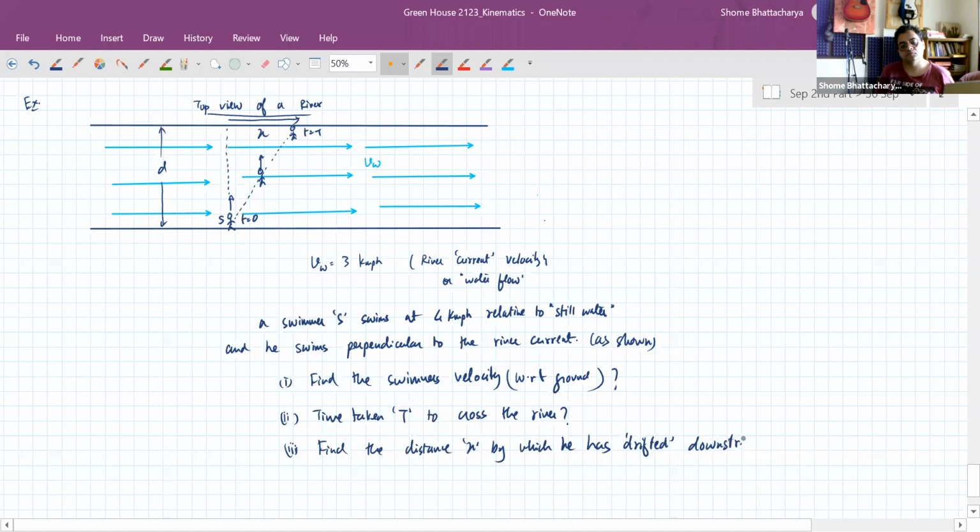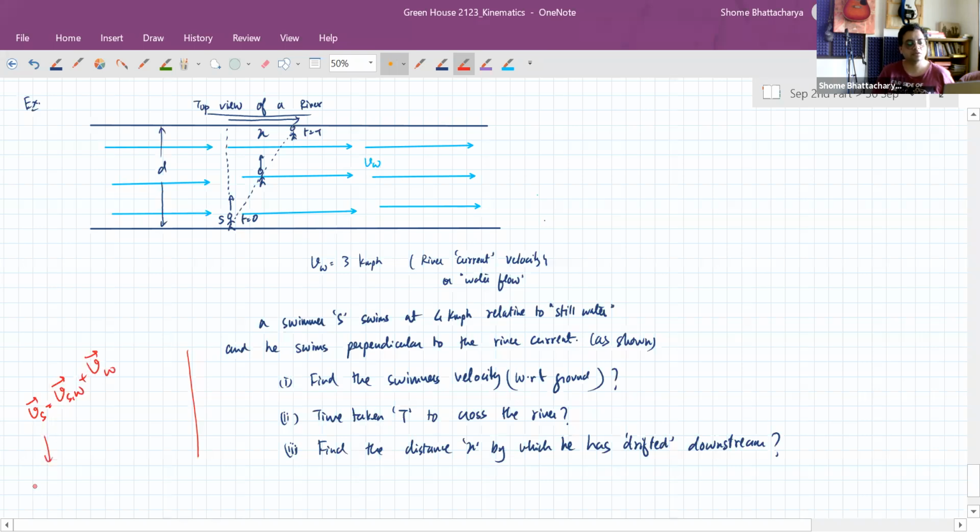Okay, so we'll be using the same concept in this question, that the net velocity of the swimmer in the ground frame is the velocity of the swimmer with respect to water plus the velocity of the water.